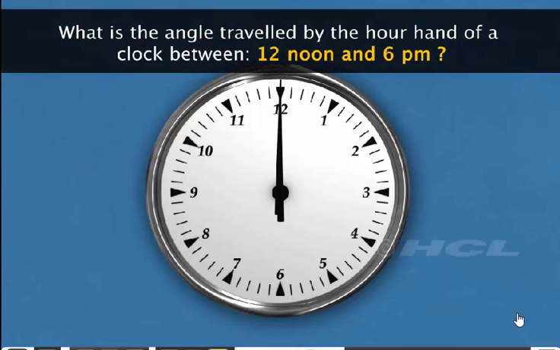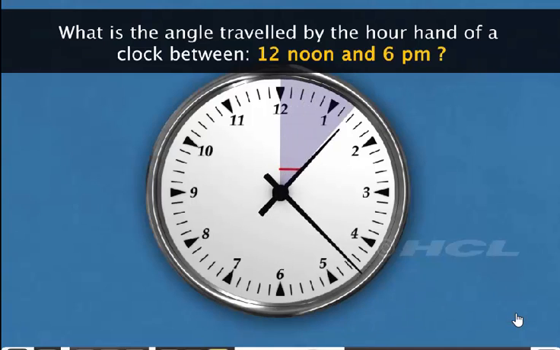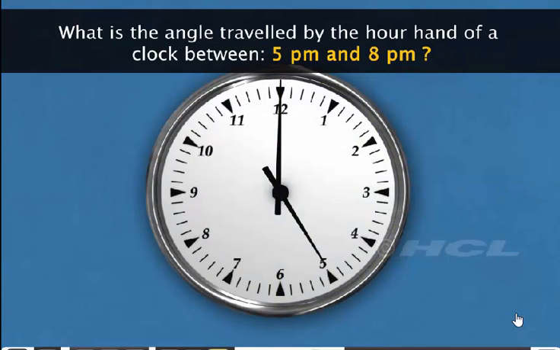What is the angle travelled by the hour hand of a clock between 12 noon and 6 p.m.? Between 12 noon and 6 p.m. is a straight angle.